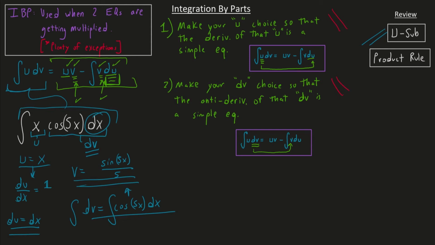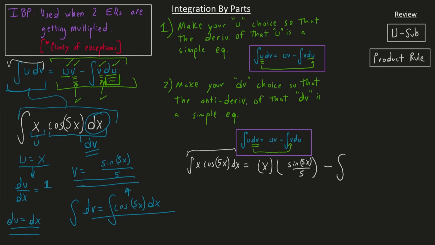So let's do that. My problem, that is my left-hand side of the integration by parts recipe, will equal first my u, that's x, times my v, that's sine of 5x over 5. We got a minus sign, the integral, and here's my new integral, the one that hopefully will be easier.